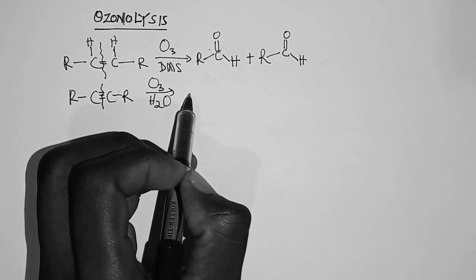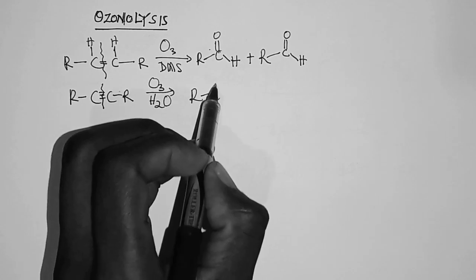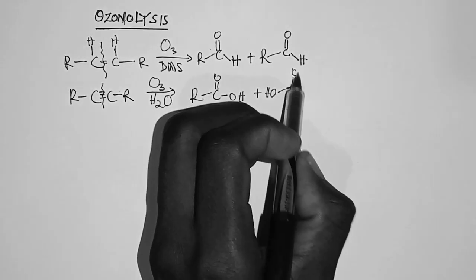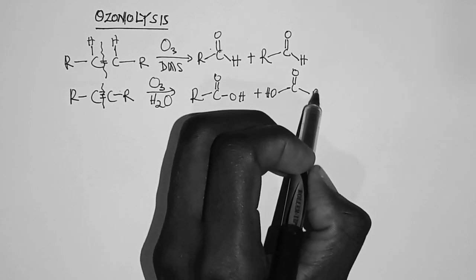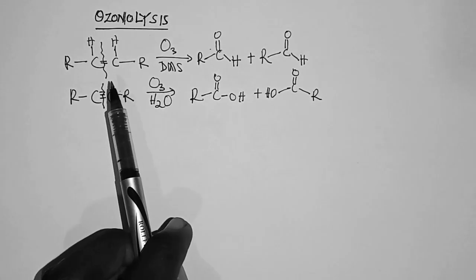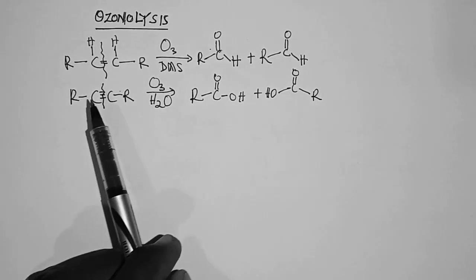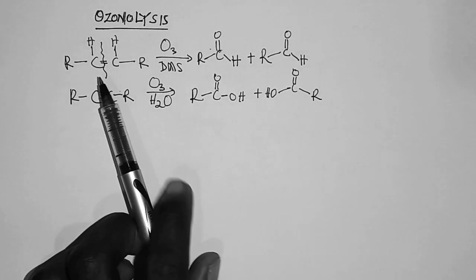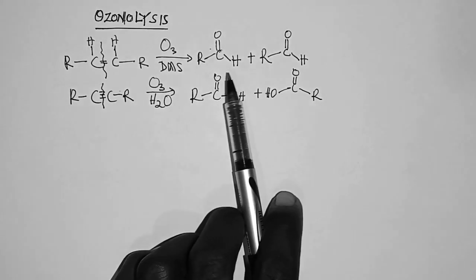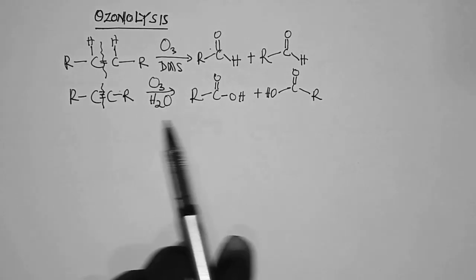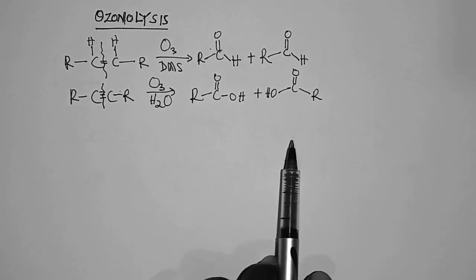So we are going to get these. This is how the ozonolysis of alkenes and alkynes works. In alkenes, you get alkanones or aldehydes, but in alkynes, you get carboxylic acids.